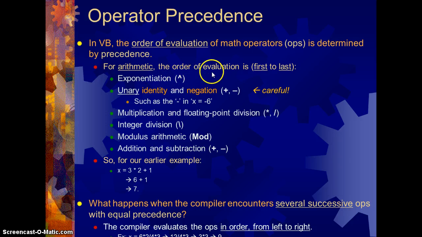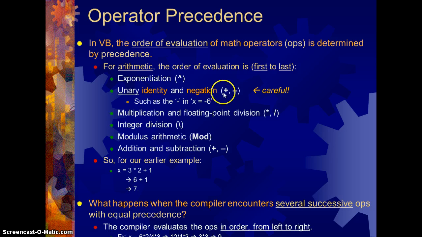For arithmetic, the order of evaluation is, this is done first, exponentiation. I think I explained this before. If I wrote a 3 here and a 2 here, that means 3 squared. If I wrote a 5 here and an 8 here, that means 5 to the 8th. So exponentiation is done first, always.